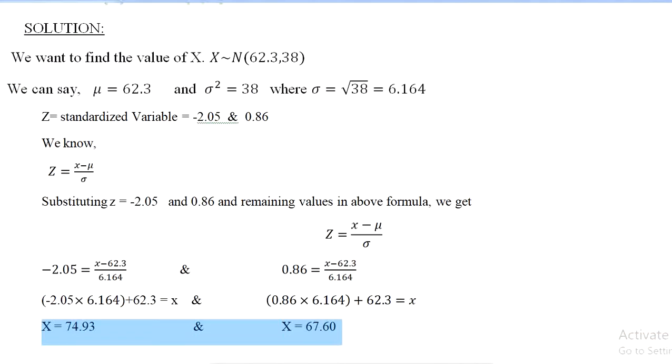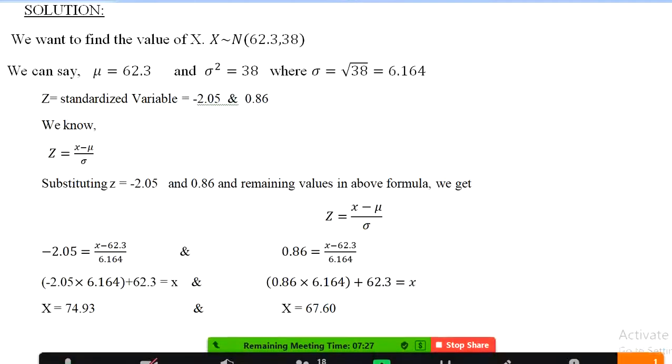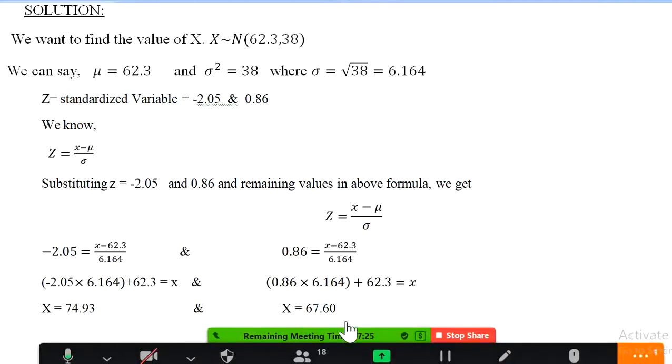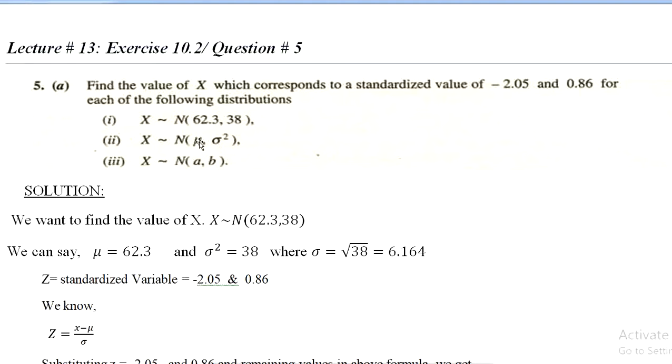Simply what we did, we already have the value of z in the question and we have the value of mu and sigma. So we just substitute these values into the z formula and we easily calculated the value of x. The similar is the case with part 2 and part 3.